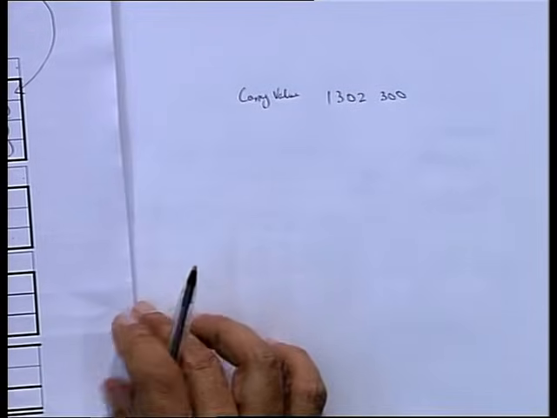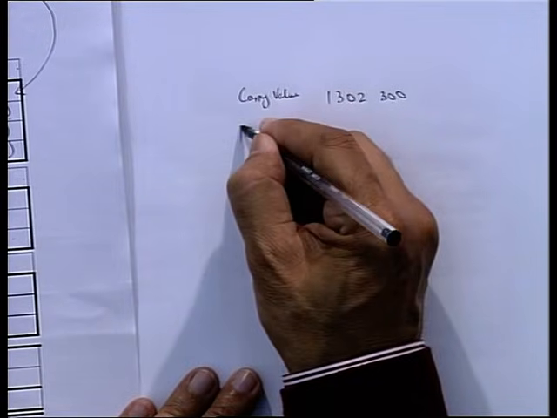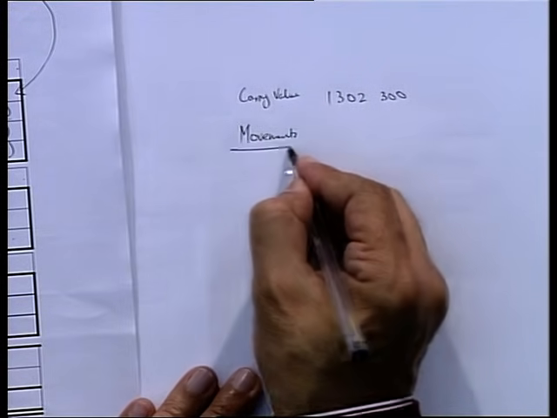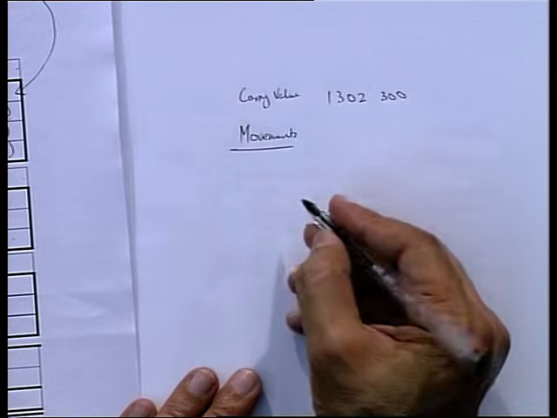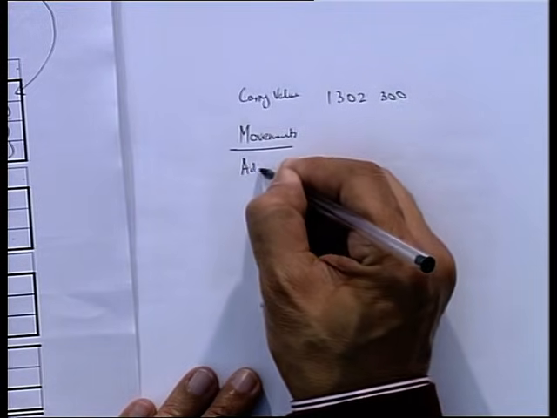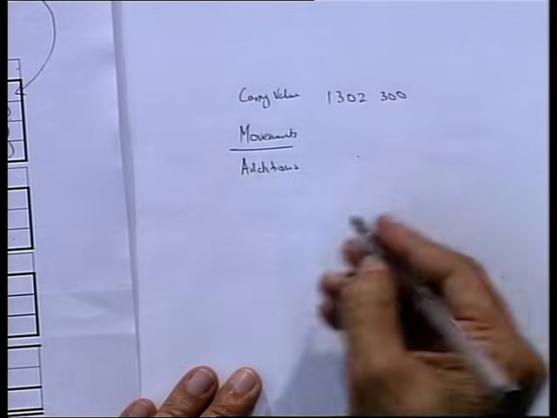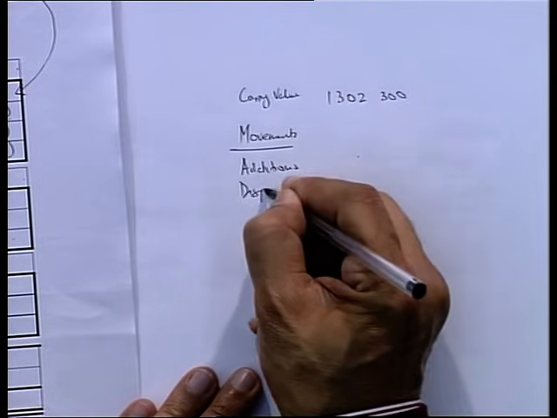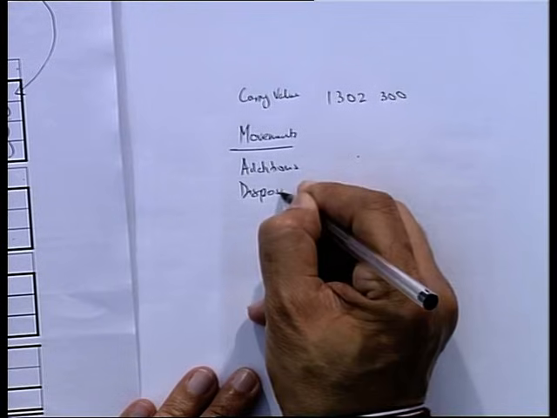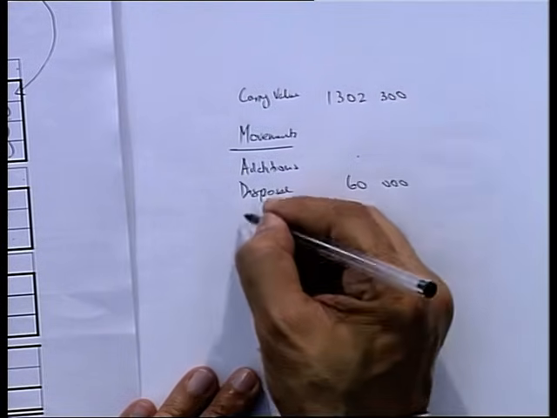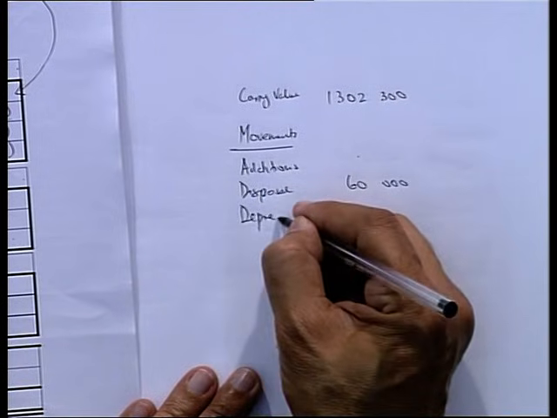Then there were movements. So the movements is what we want to calculate. There was an addition, which we have to calculate. There was a disposal of 60,000, which we have, and there was depreciation.